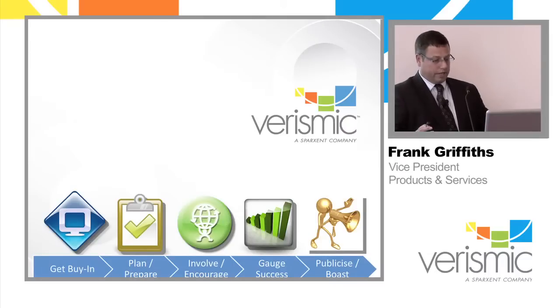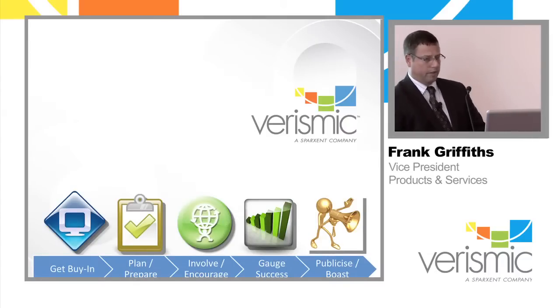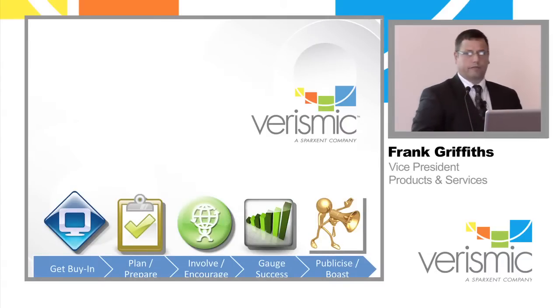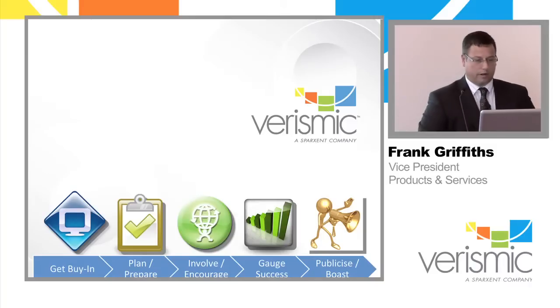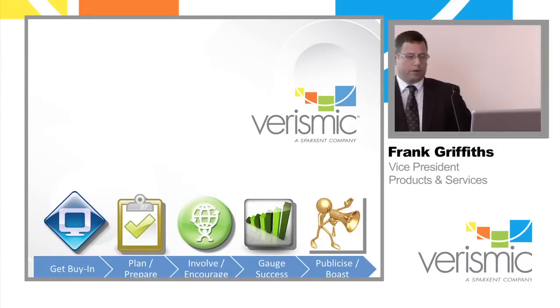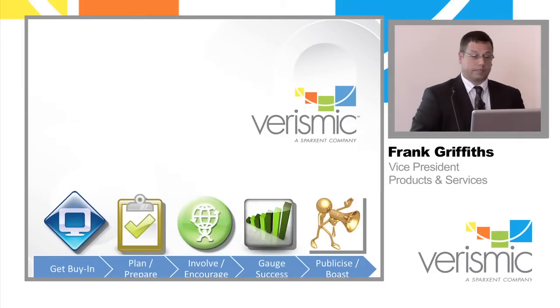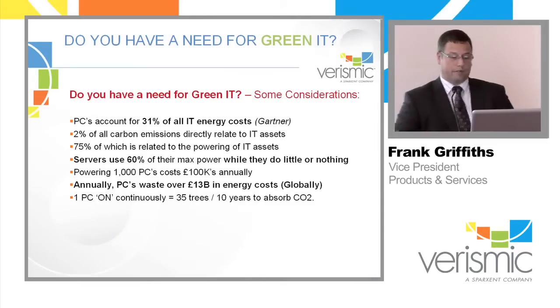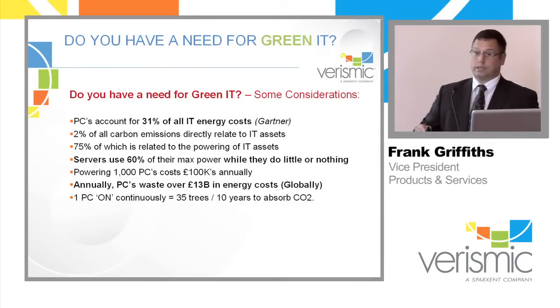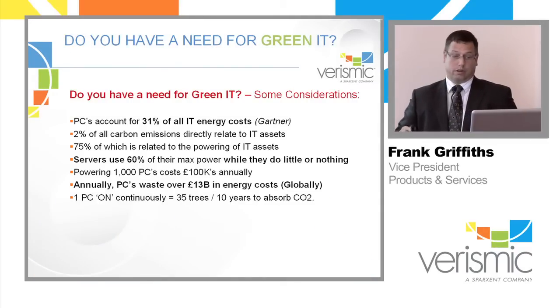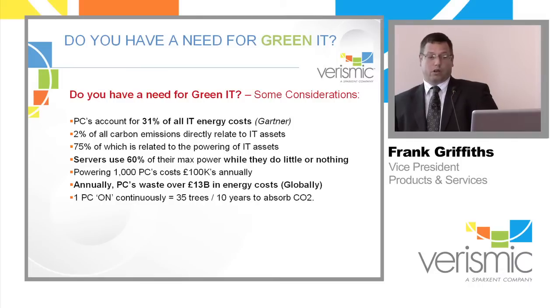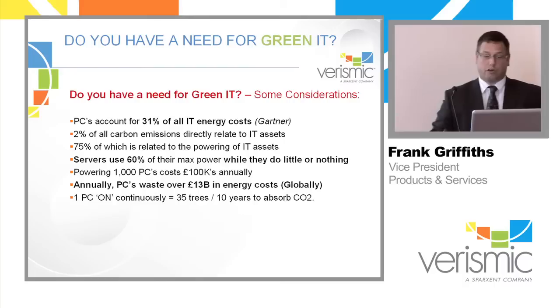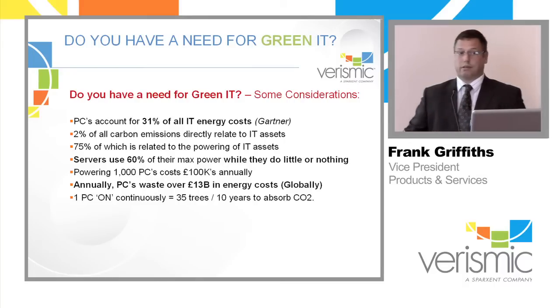So there's the 5 stages. I'm going to quickly speed up for the last few slides because I want to save time for any questions that you may have. But here's some considerations based on Gartner statistics. So PCs account for 31% of all IT energy costs. Right? 2% of all carbon emissions are directly related to IT assets.